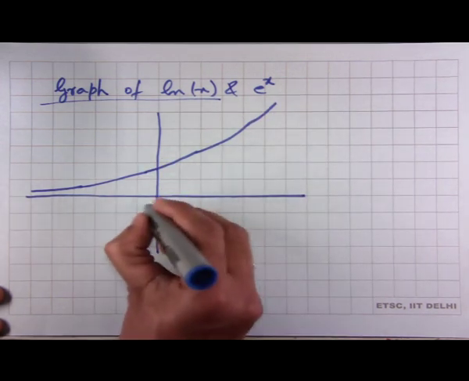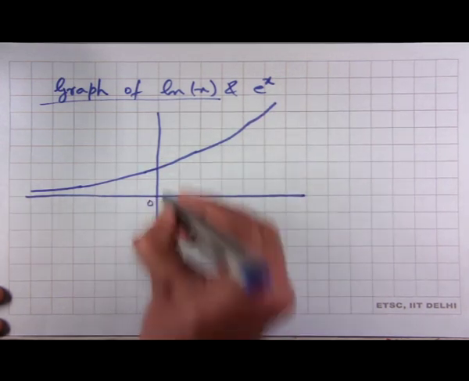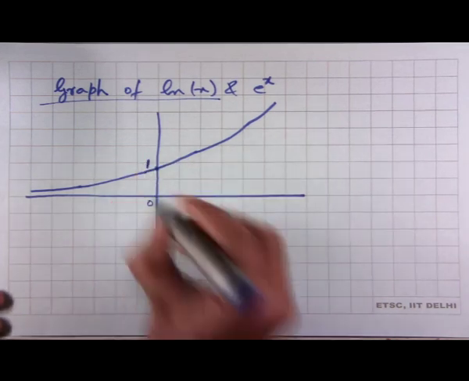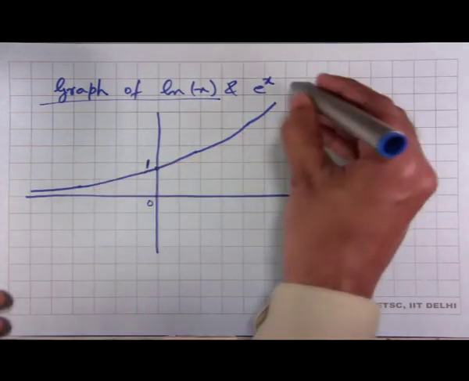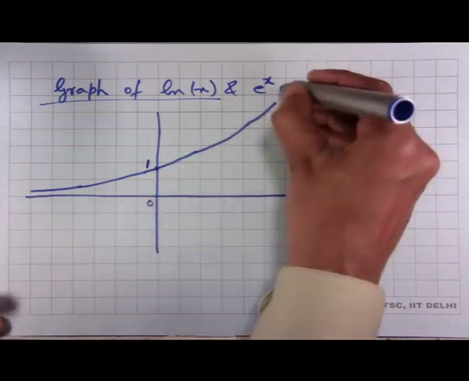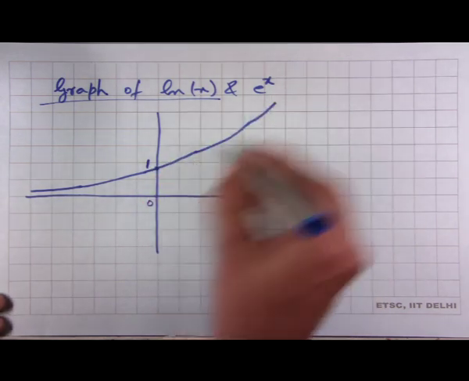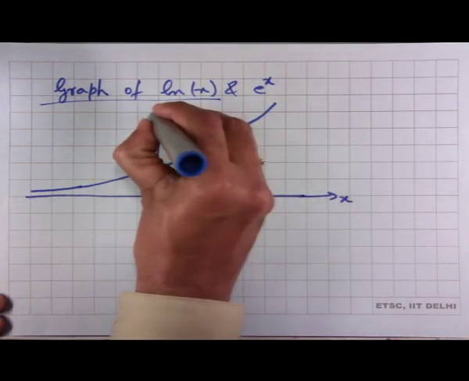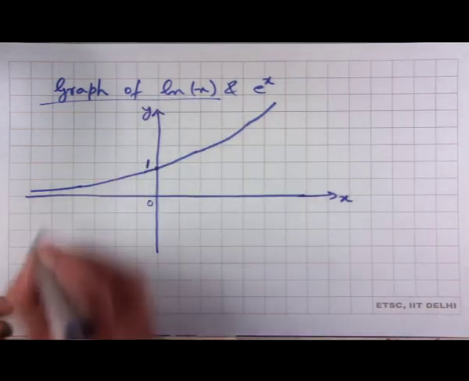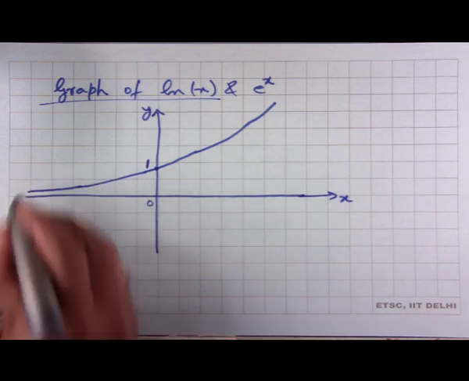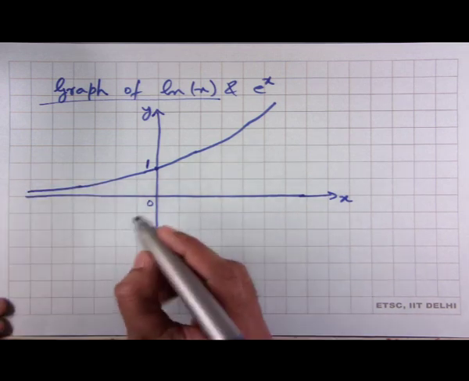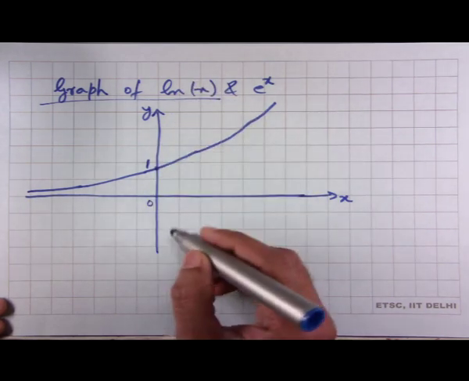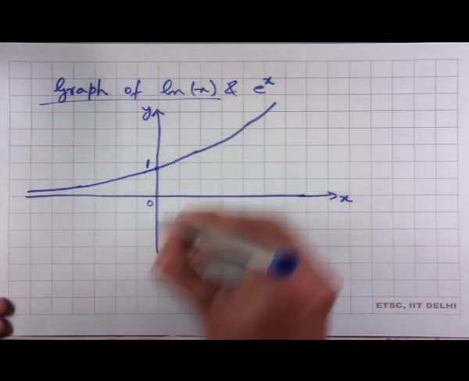At x equal to 0 it is 1, and as x increases, e to the x keeps on increasing, goes to infinity as x goes to infinity, and it goes to 0 as x goes to negative infinity. Now, what about log of x? This is the inverse of exponential x.